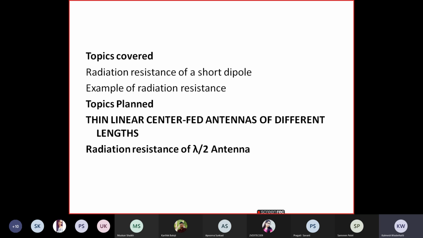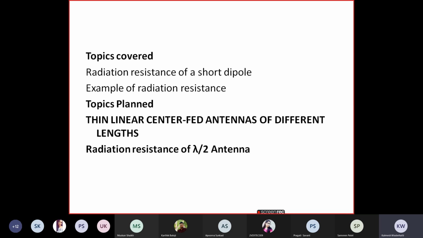Which antenna do you call a thin linear antenna? The diameter of the thin linear antenna will be very small, about lambda by 100. Usually the length is restricted to lambda by 10, but the diameter is approximately taken as lambda by 10. With respect to that, we have the far field equation.